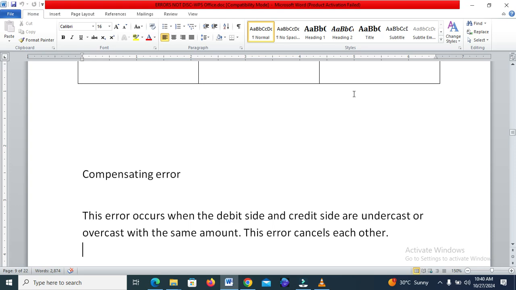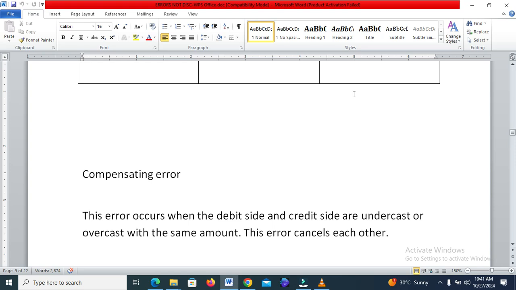Let me give you a clear example. Let's say a transaction goes thus: paid 5,000 naira by cash to Akinola. In a normal way you record this transaction is that cash account is to be credited, while Akinola, who is the receiver, is to be debited.